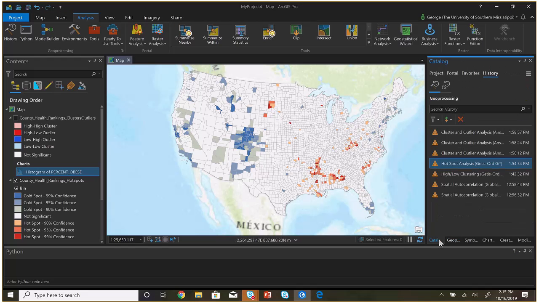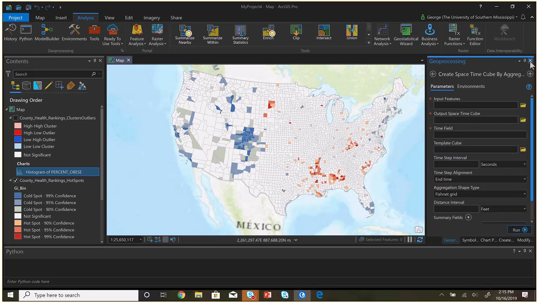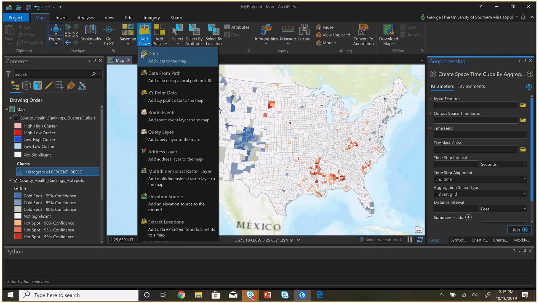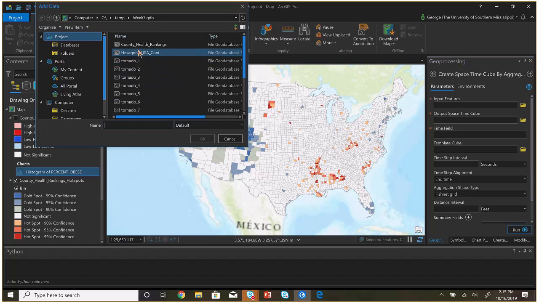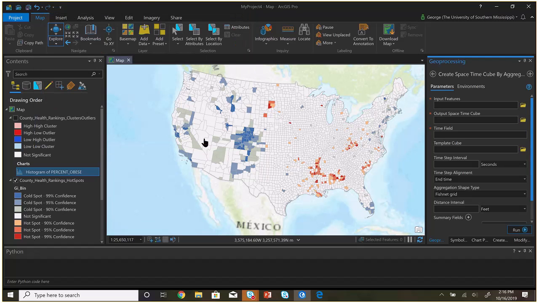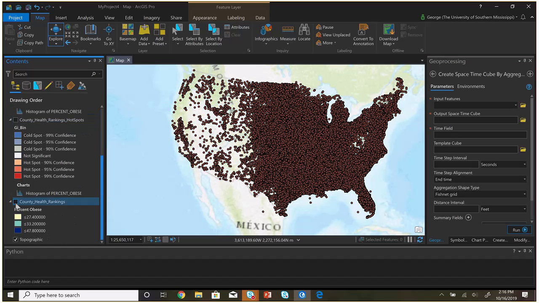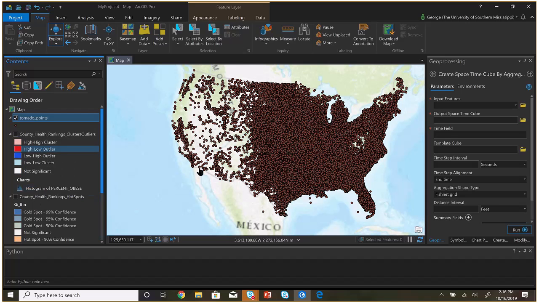In fact, here. Add data. So we got our tornado points data. And turn off all this other stuff. Okay. So let's say we wanted to make a space-time cube with the tornado data.